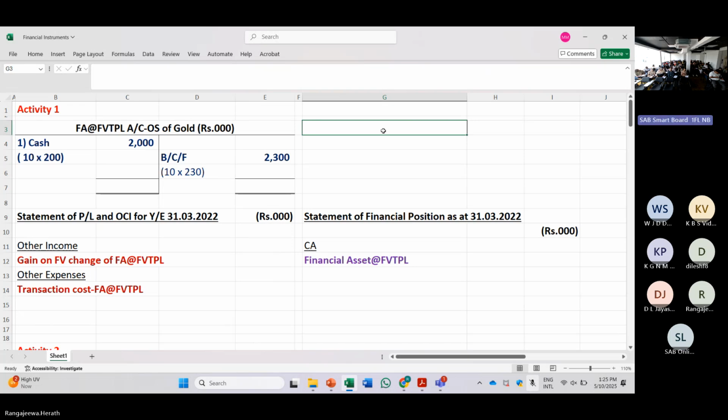Now when you balance this account, the debit side 2,000 increases to 2,300. There is a 300 difference. This is the gain we charge to P&L. The gain on fair value, you can transfer the difference here.